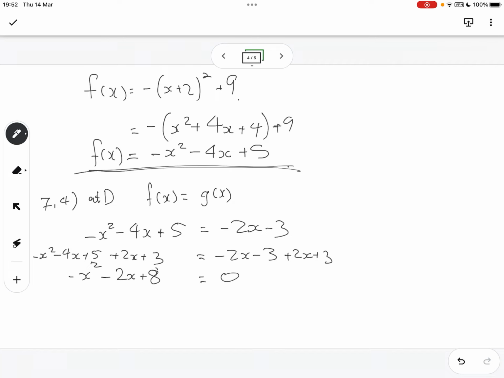This and that is minus 2x. And then we just have minus x squared equals 0. Dividing throughout by -1, we get x squared plus 2x minus 8 is 0. Then we can factorize here, so what must I multiply?